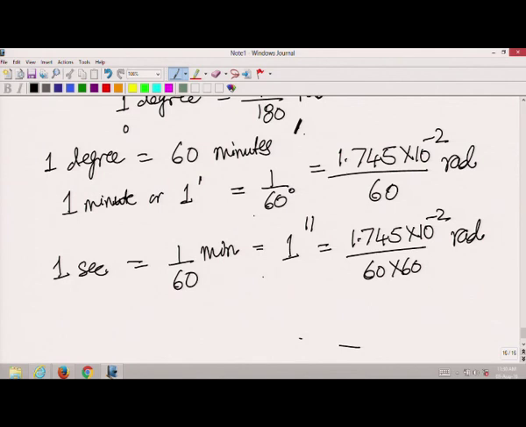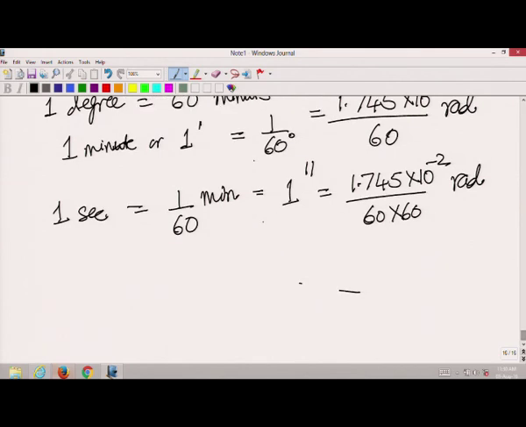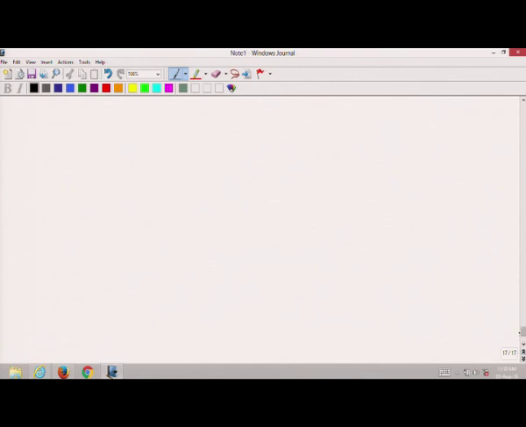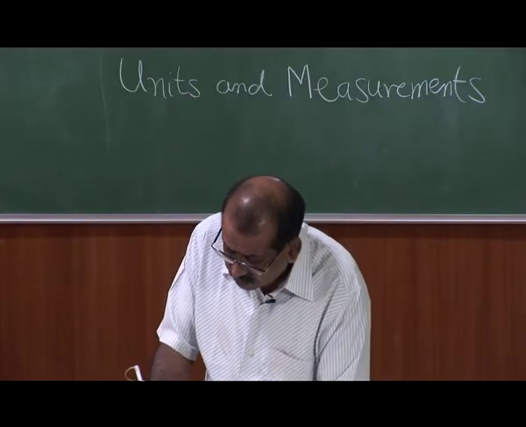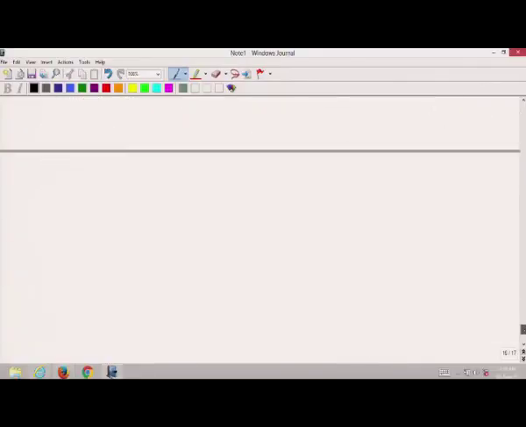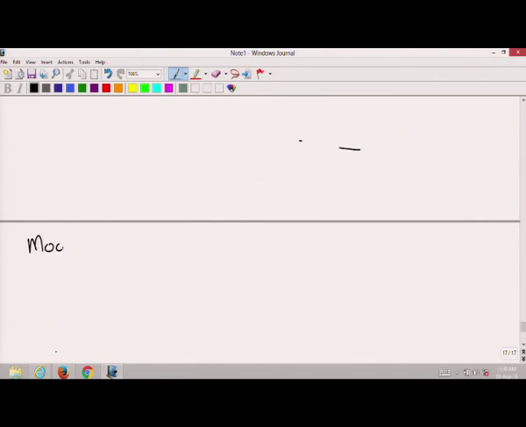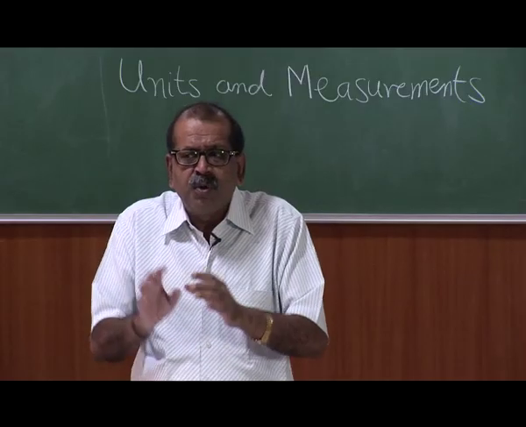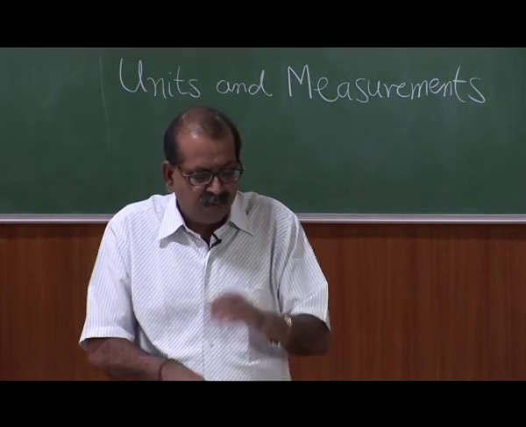So, let us take an example of a problem involving this. Be careful, and in problems like this, the best way to solve the problem is to draw a figure and then work it out.